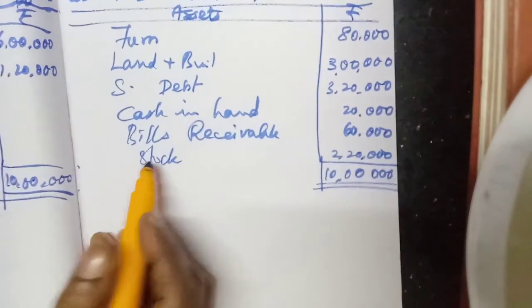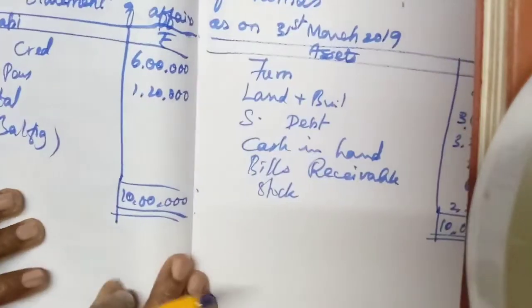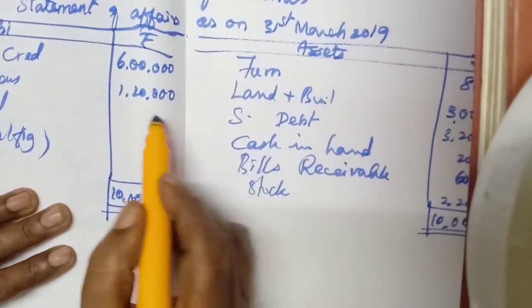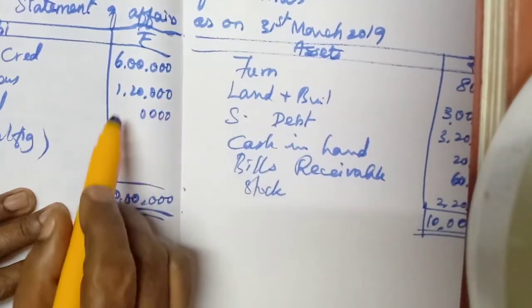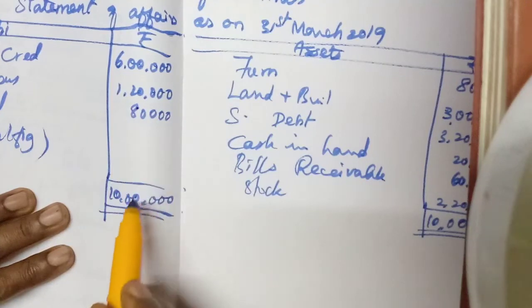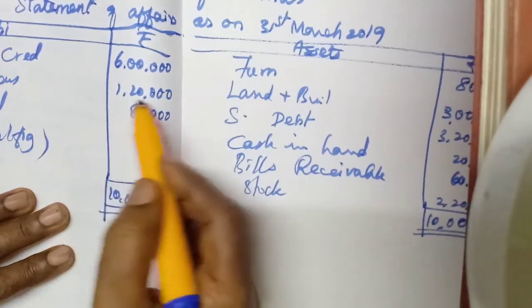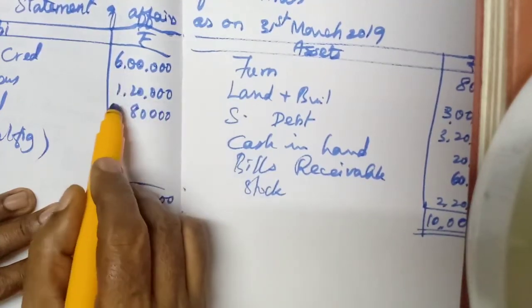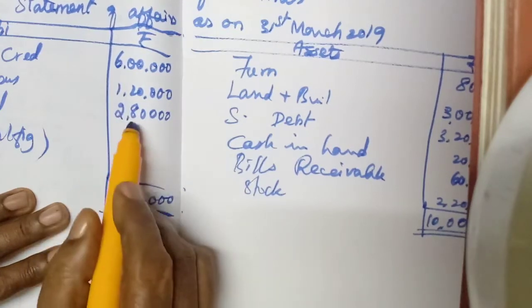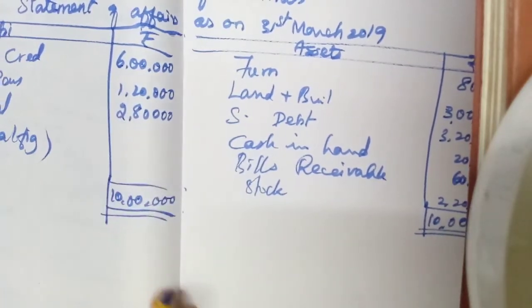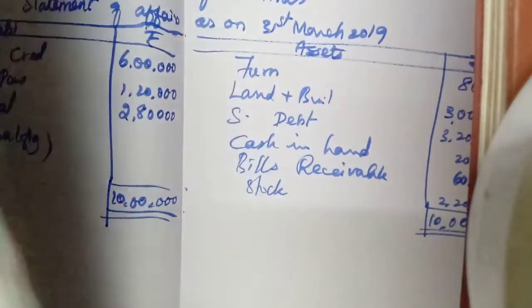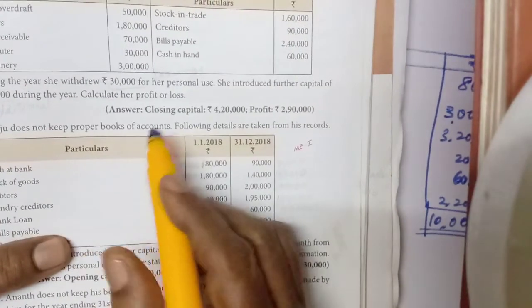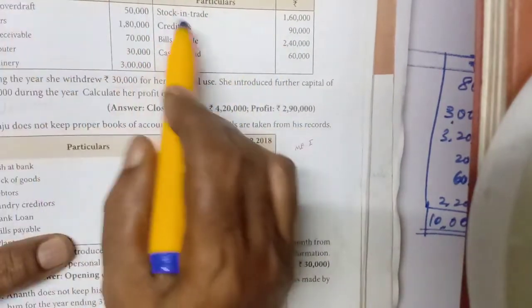Now you add this one. 1, 2, 3, 4. 2 there. 8. So 10. Balance 1. 7 plus 8. 8 plus 2. 10. So 2,80,000 is the capital at the end. That is what they have asked us to calculate.